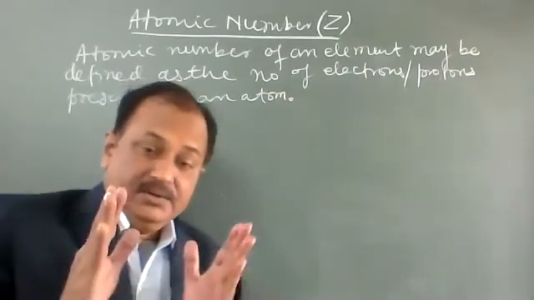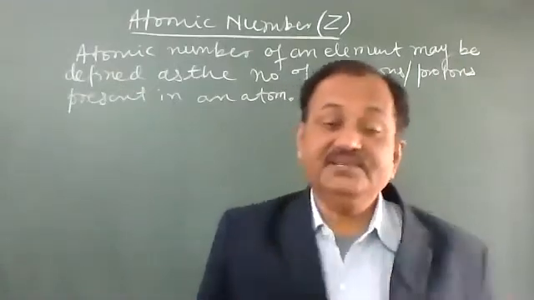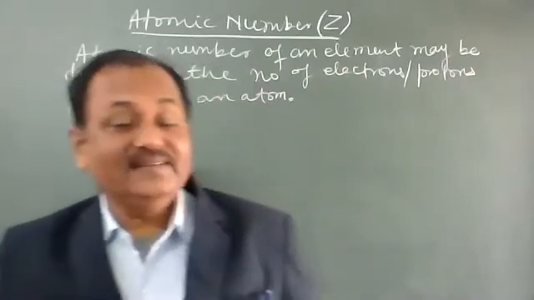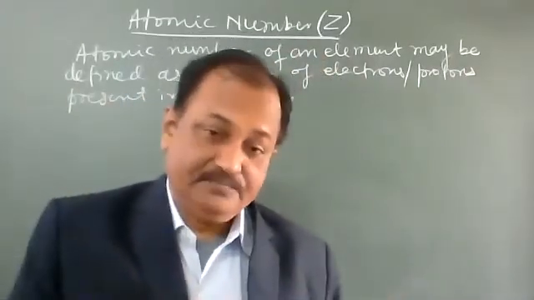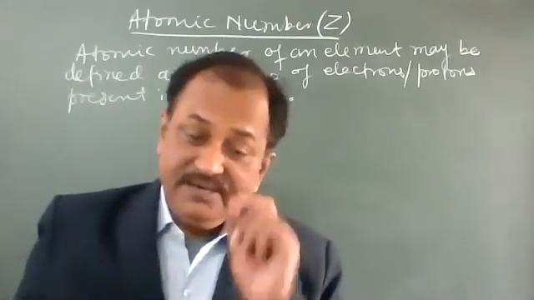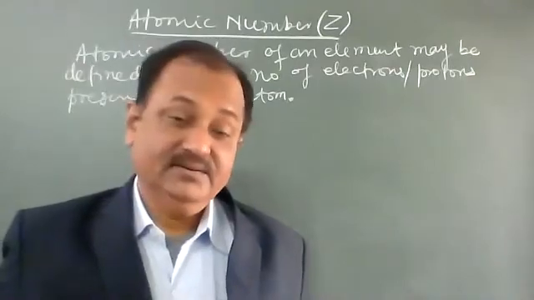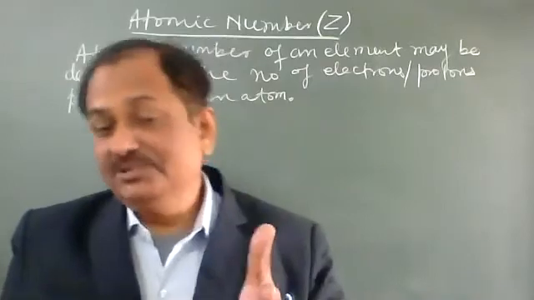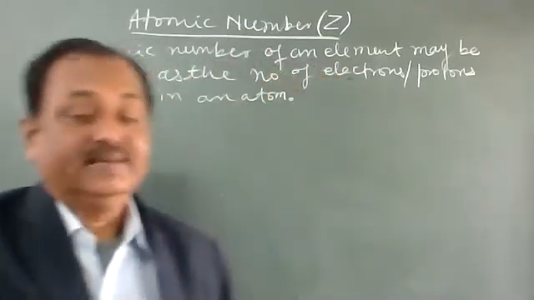If it is an ion, then the electron has to be taken. Basically, proton is taken when the electrons and protons are both the same. But actually, atomic number is equal to electrons only. In any complex problem, we count the electrons because electrons are the key particles.